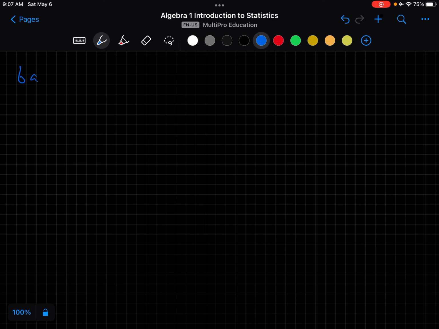Let's look at a definition. Bar graph. What is a bar graph?